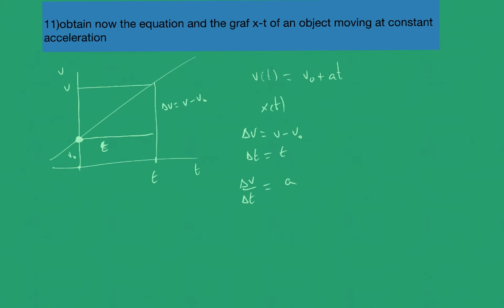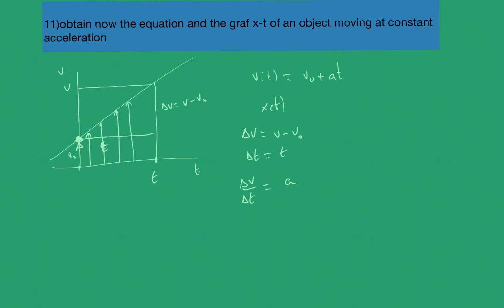Perfect. So I will say it like this. What is the average velocity of this motion? For sure the velocity is changing. It starts at v0 and is increasing, but it's increasing at a constant rate.